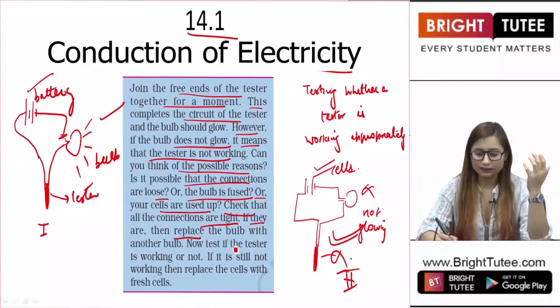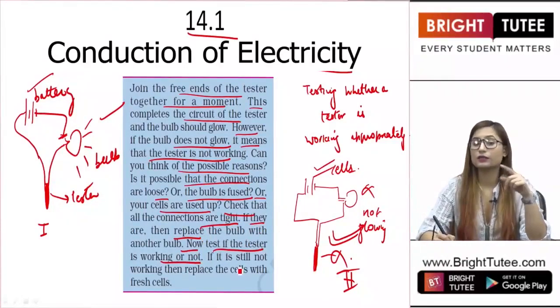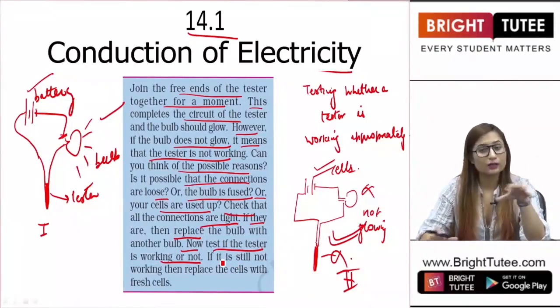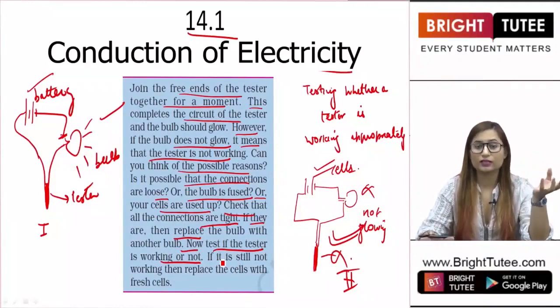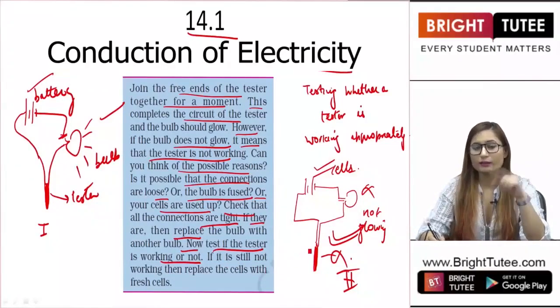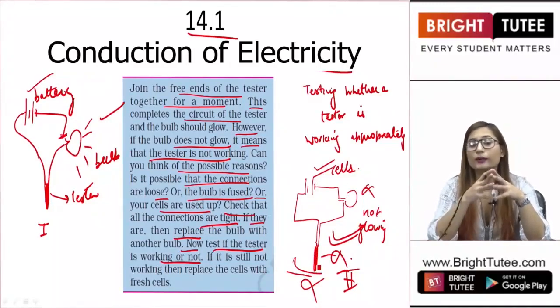If they are, then replace the bulb with another bulb. Now test if the tester is working or not. Now you have ruled out all the other possibilities of the circuit not working: you have replaced the bulb, you have checked the connections, you have changed the battery. Even then, if the bulb is not glowing, that means that the tester is not working. So this is how we test whether a tester is working or not.